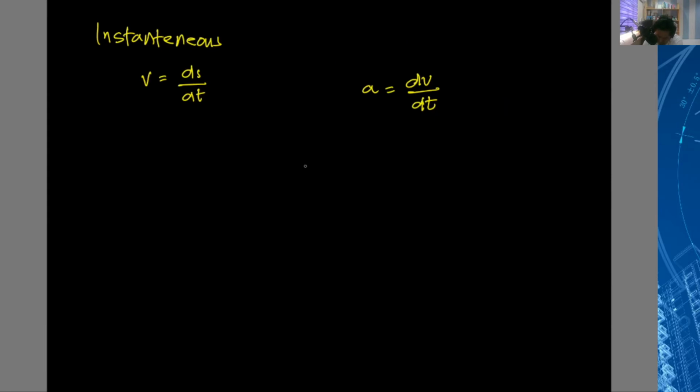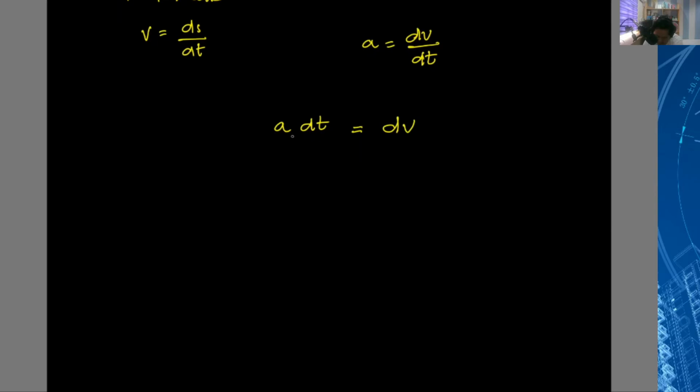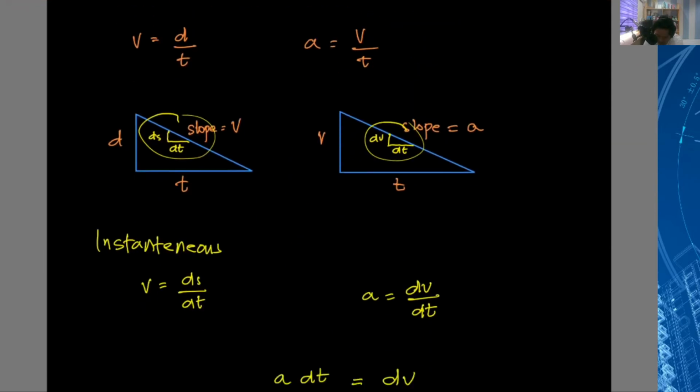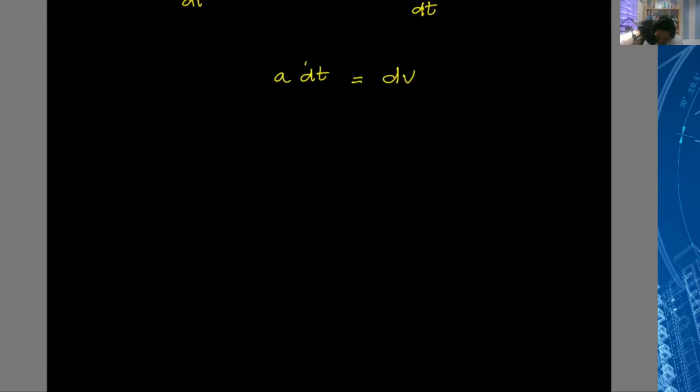So rearranging first, a dt equals dv. Okay, so a here is a constant because we are now in constant acceleration. So I can integrate this. So this becomes a t equals v with limit 0 to what? Time, final time is t, velocity initial and velocity final.